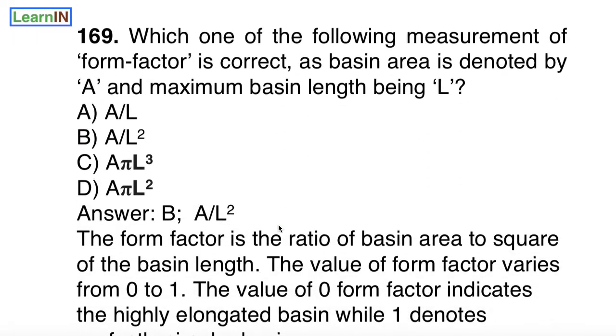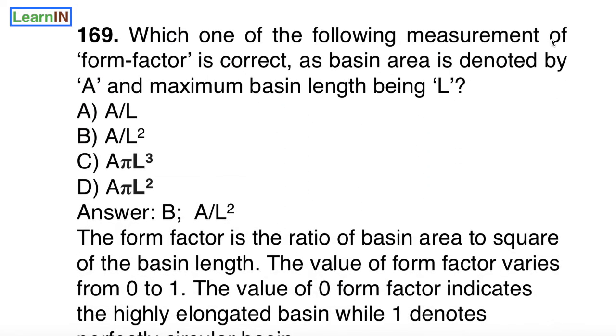Moving to the next. Which one of the following measurements of form factor is correct, as basin area is denoted by A and maximum basin length by L? A is area, L is length of the basin. So just memorize the formula: A upon L square, A by L squared. It is area divided by the square of the basin length.